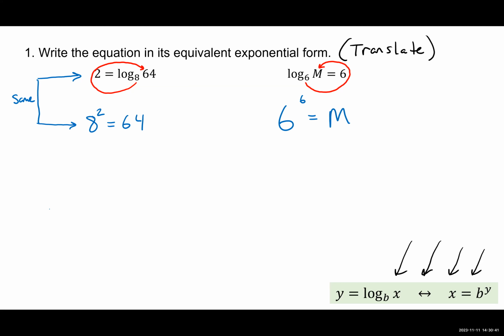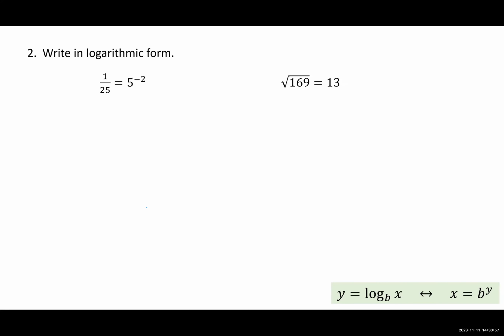All right, so this problem is going from log form to exponential form, and we could go in the opposite direction as well. The next problem is the same question, rewrite, translate, but let's start with exponential form and then go to log form.